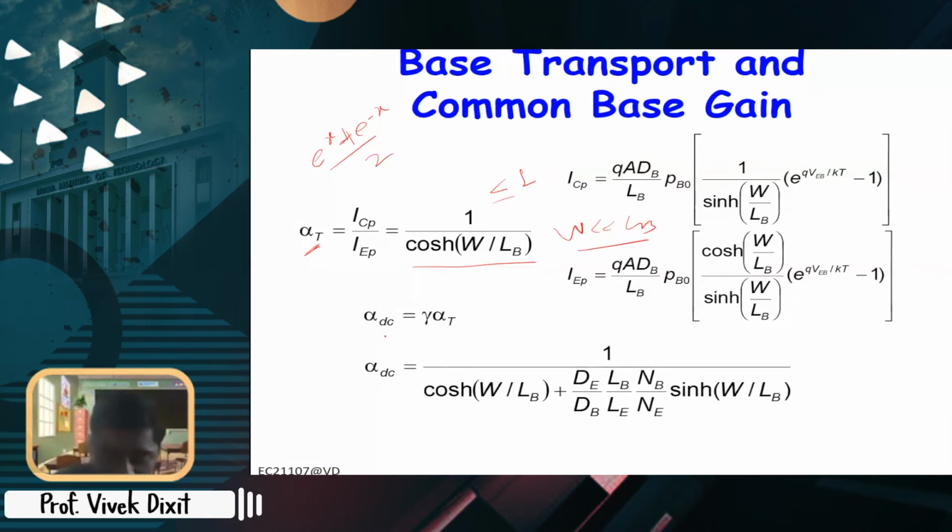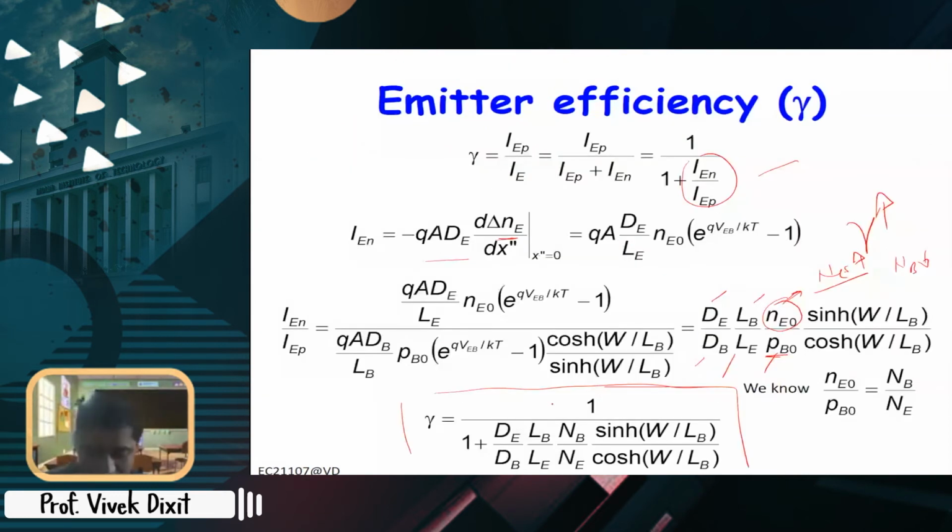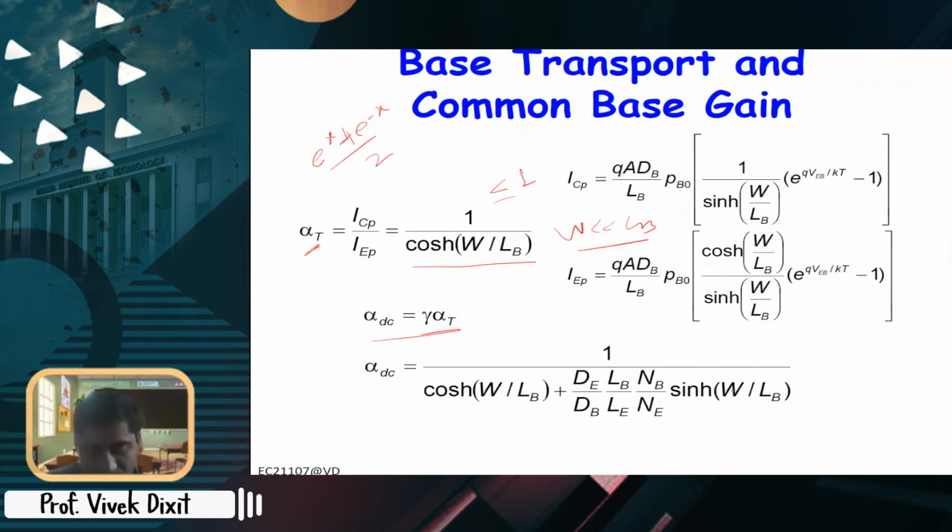And if you combine both emitter injection efficiency and base transport to get the common base current gain, you basically multiply the two. So you multiply the denominator by cosh. So cosh plus the ratio times sinh.